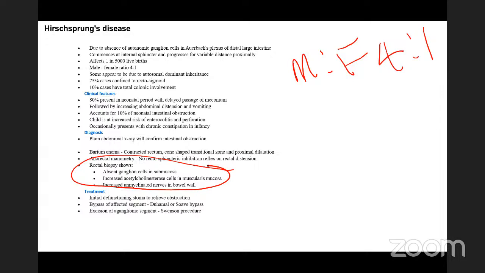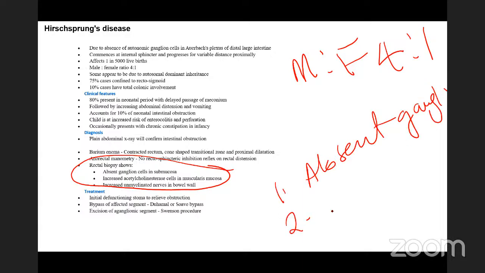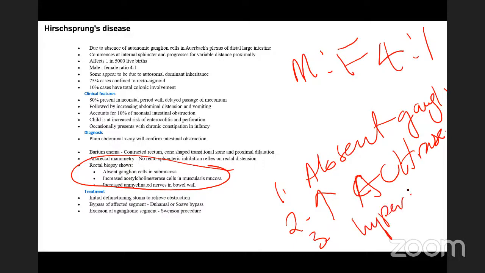So the biopsy, don't forget, will show one, absent ganglion cells; two, increased acetylcholinesterase activity; and three, unmyelinated hypertrophied nerves.